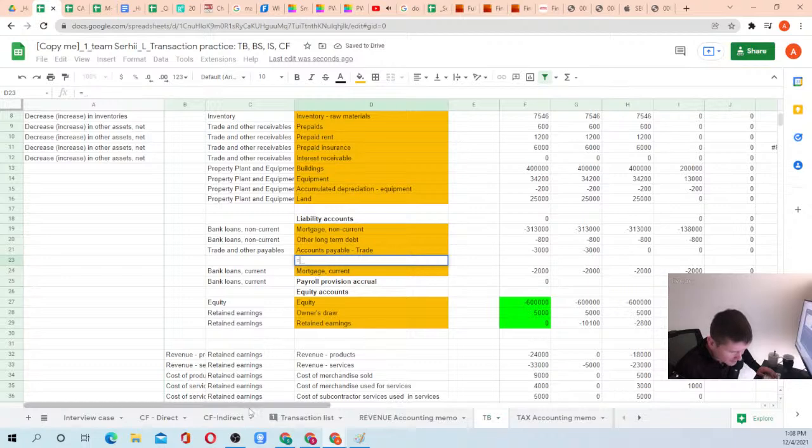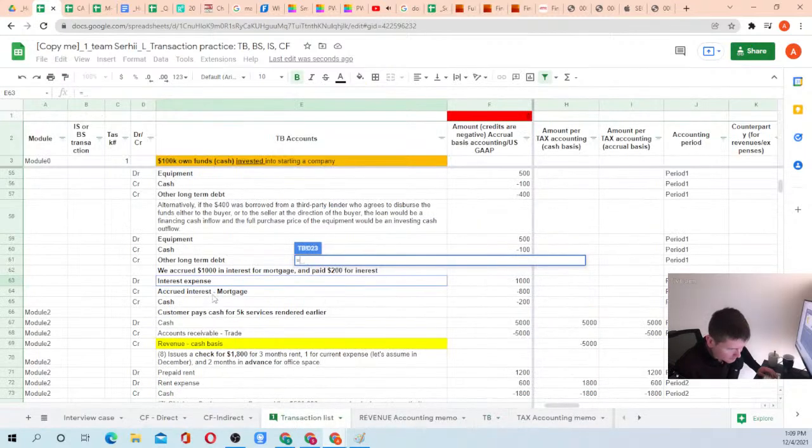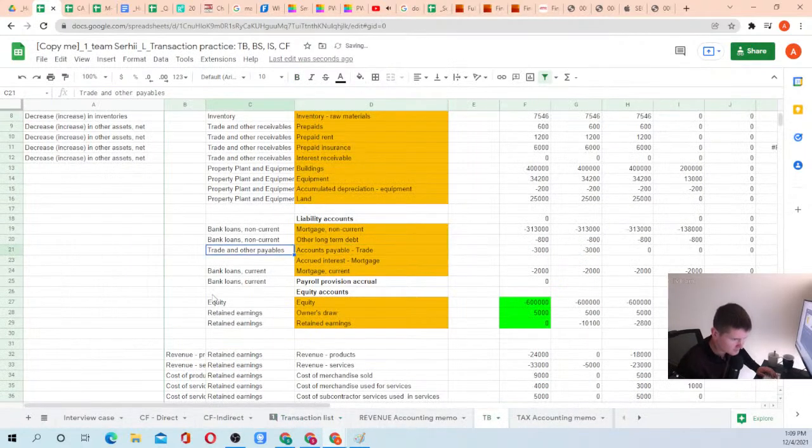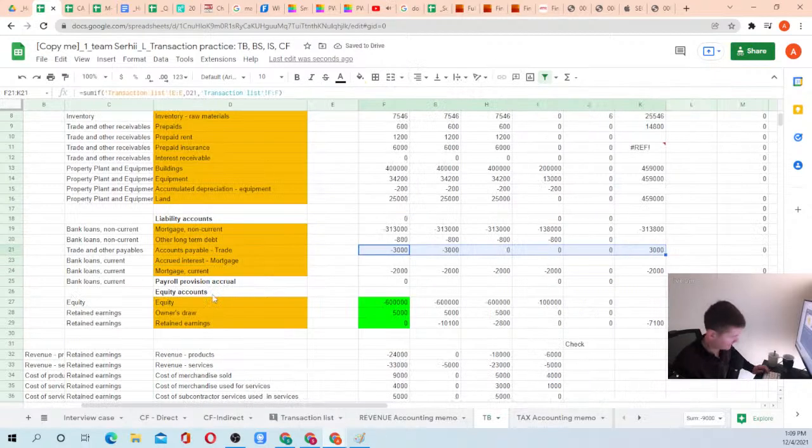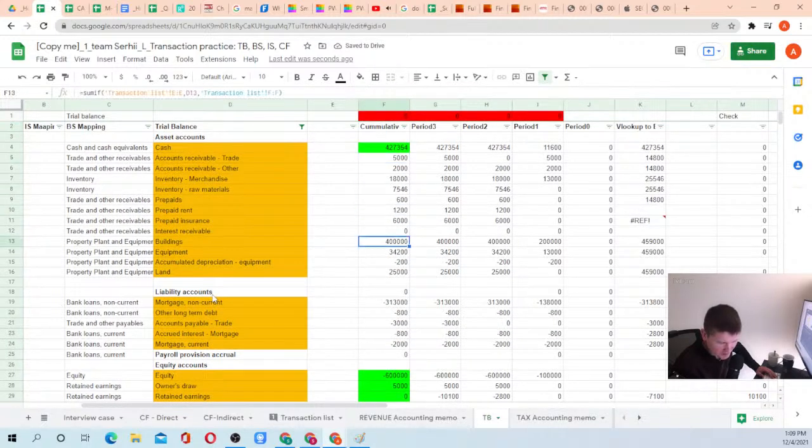Let me add it here. I will put it to bank loans current. Okay, here it is, our trial balance balances.